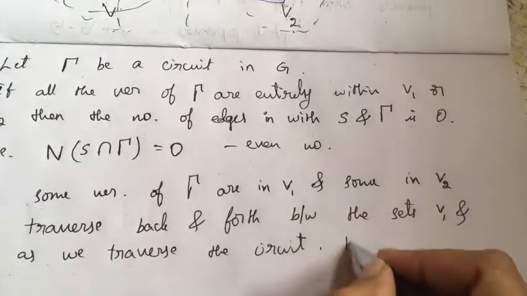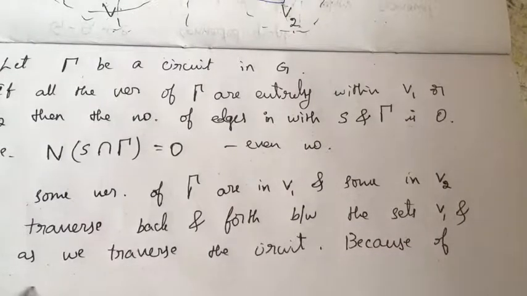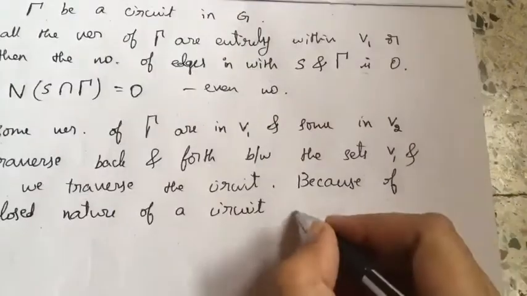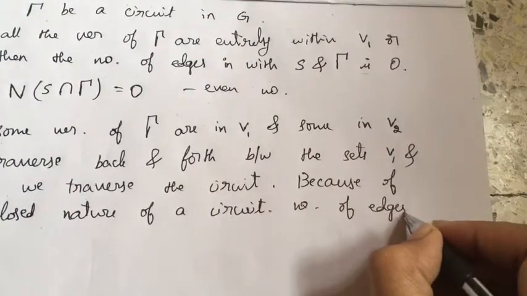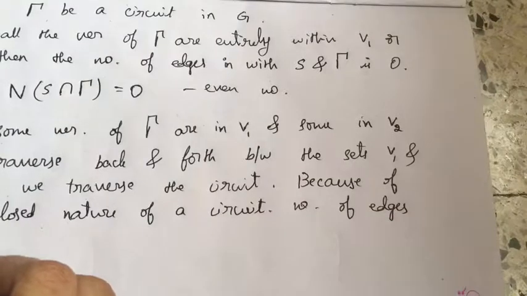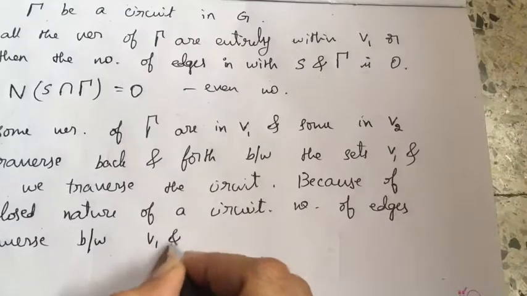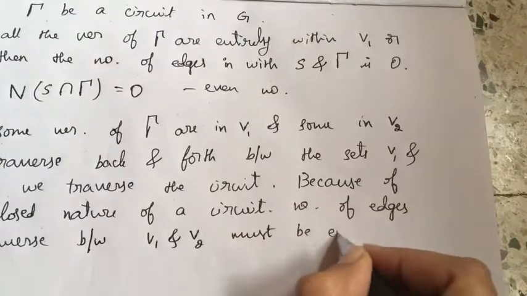And of course, because of the closed nature of a circuit, the number of edges we traverse between V1 and V2 must be an even number. It must be even. I hope you got the point.